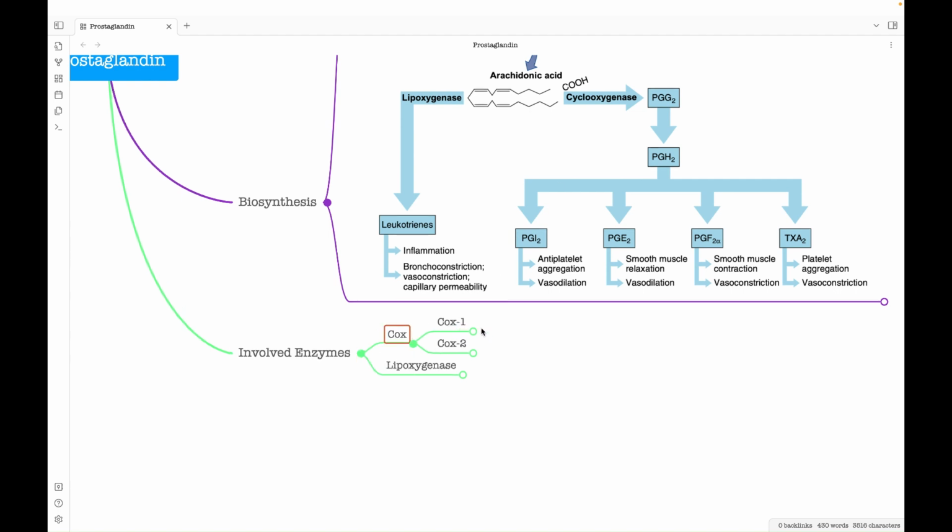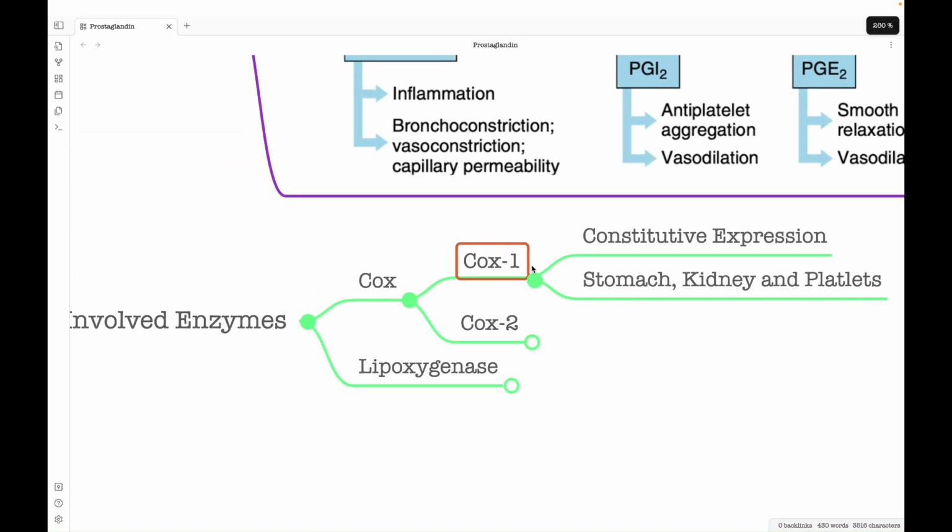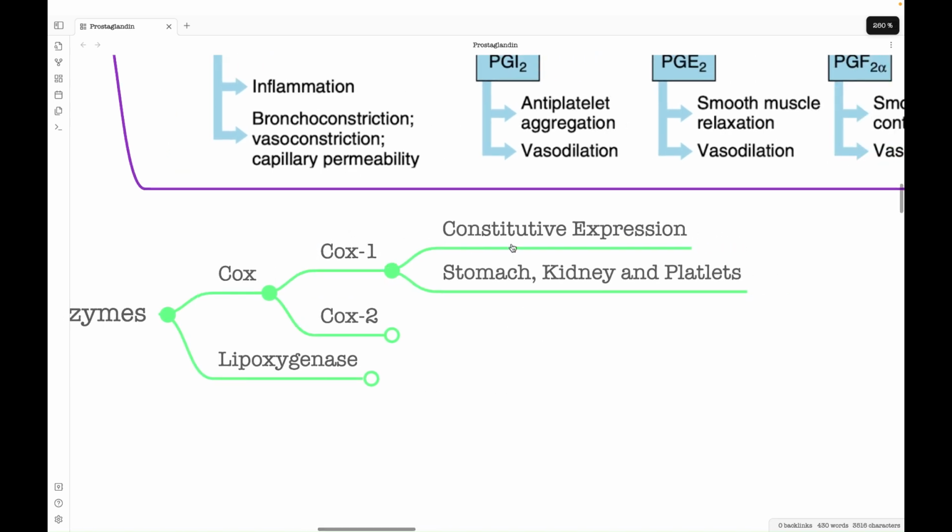There are two different types of COX. One is COX1, another one is COX2. COX1 is associated with stomach, kidney and platelets. Platelets are associated with blood coagulation, and stomach and kidney, we all know what they are.